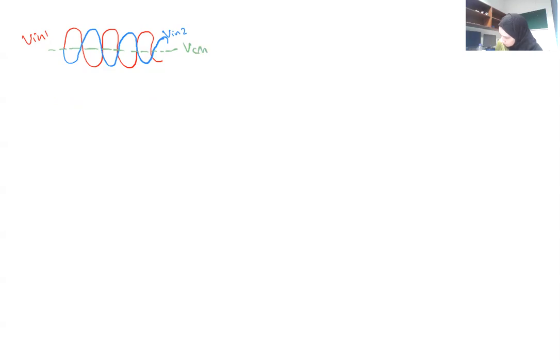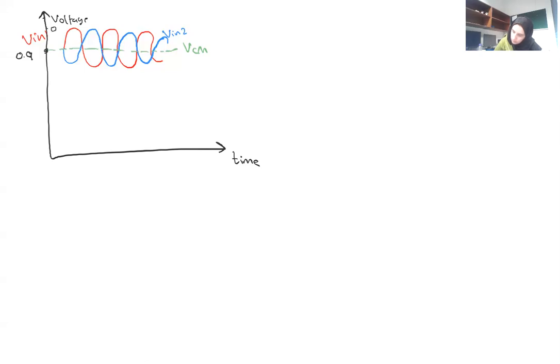So if we draw this, this is time and this is voltage. Let's say this V common mode is 0.9 or 0.8 volt if our supply VDD is 1.8 volt. And this is the AC amplitude, so they can go, let's say, to this point 0.91 and here 0.89.